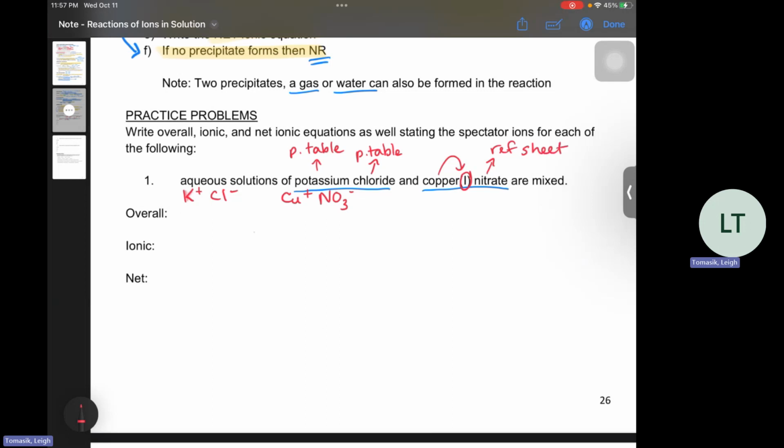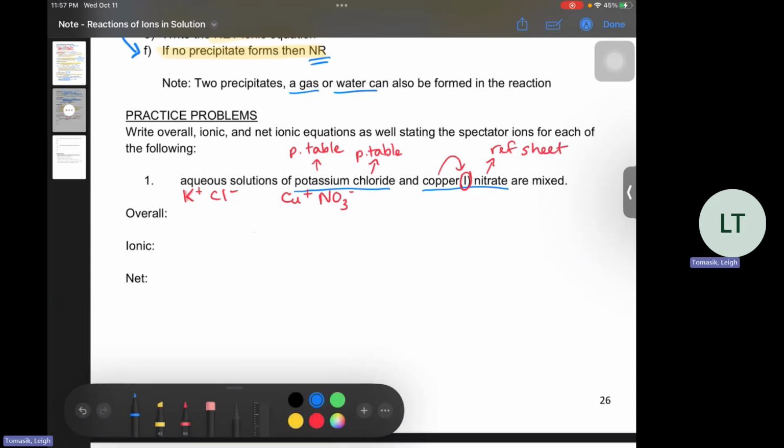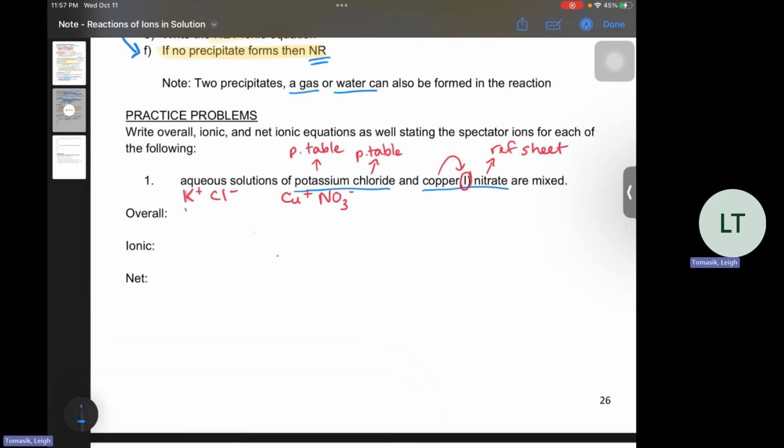Okay, so using the crisscross rule, we can come up with KCl, right? And it's a reactant, so it's going to be aqueous, plus CuNO3, also aqueous. Then we need our arrow, and now we need to predict the products.